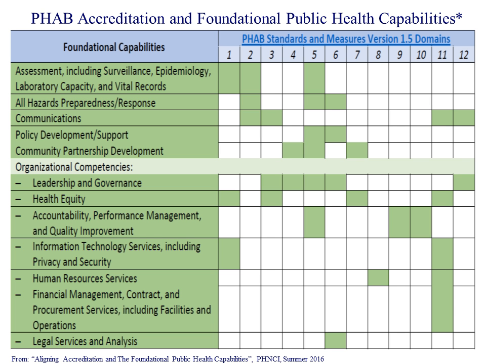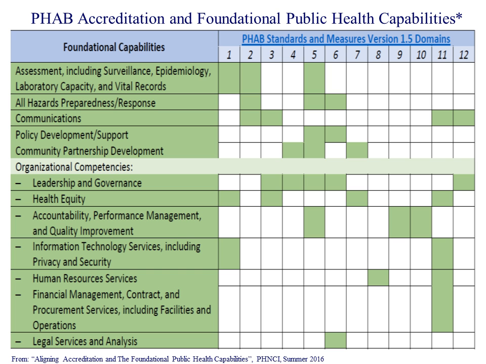As you can see from this figure in front of us, there's quite a bit of overlap in the realms of assessment, preparedness, communications, and policy development and partnership development, those top 4 domains on the slide, right? There's substantial overlap between the PHAB standards and measures and these domains.